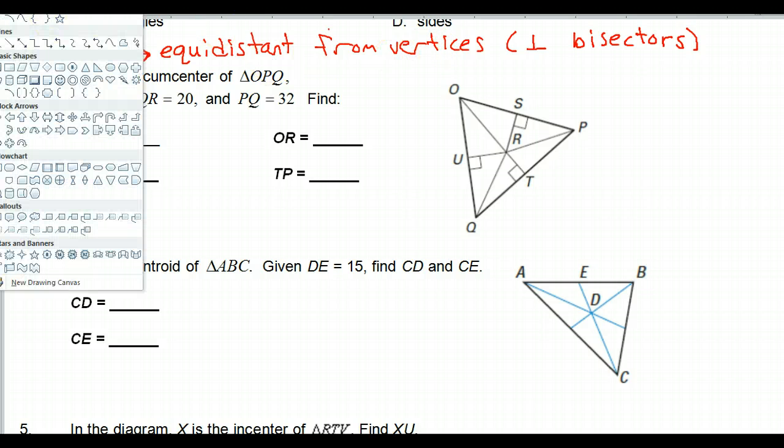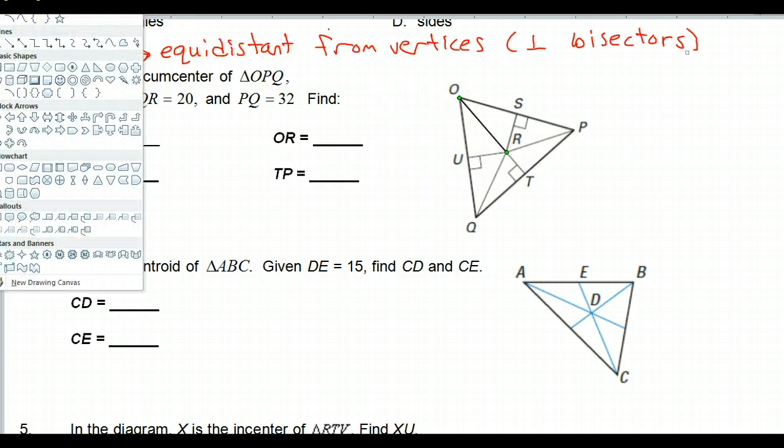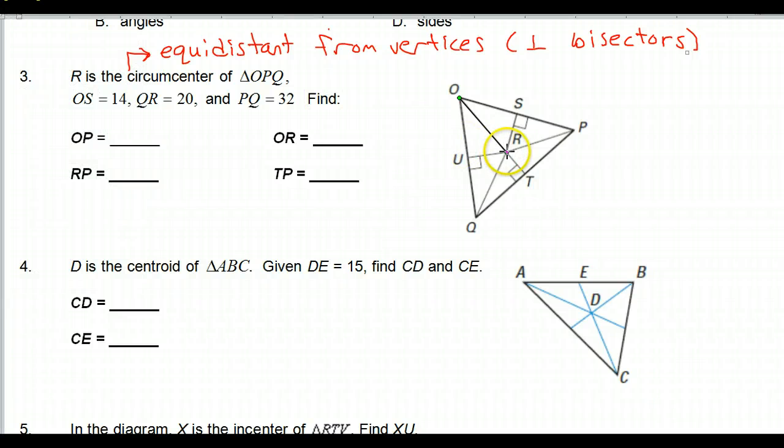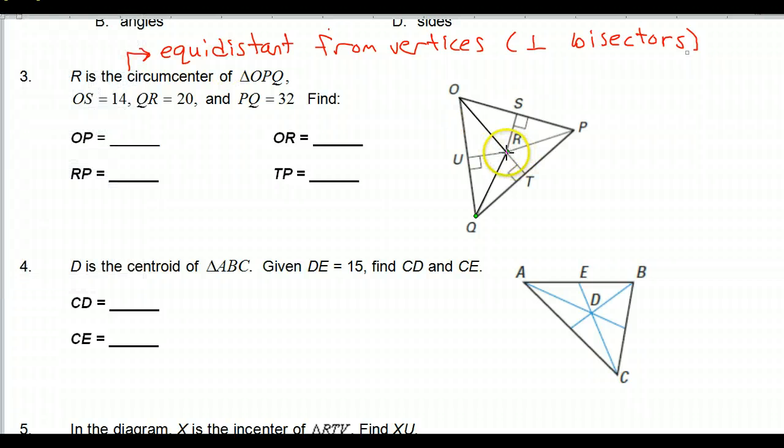Equidistant from the vertices means, alright, if this is the circumcenter, then this distance and this distance and this distance will all be the same.